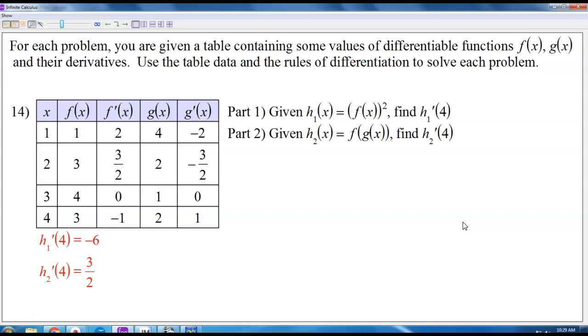F prime of 2 is 3 halves. G prime of 4 is 1, so then 3 halves times 1 is 3 halves. How many had 3 halves? Questions on it?